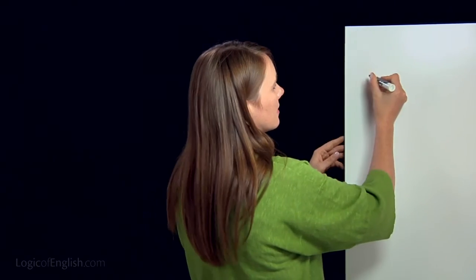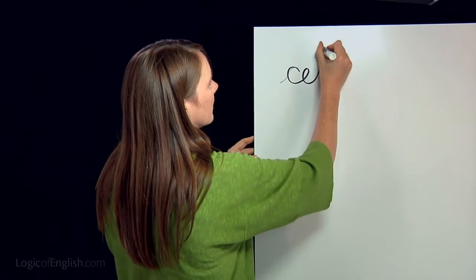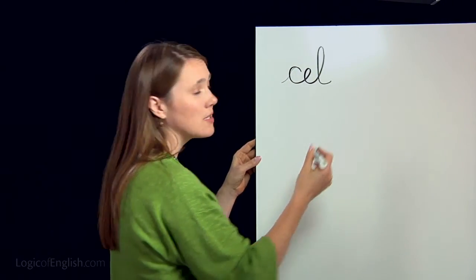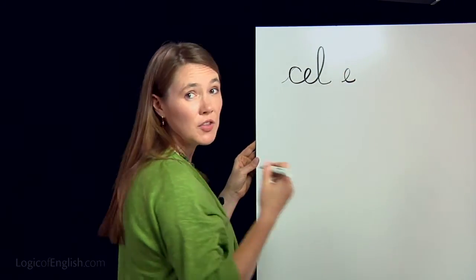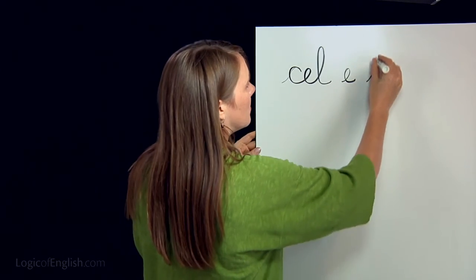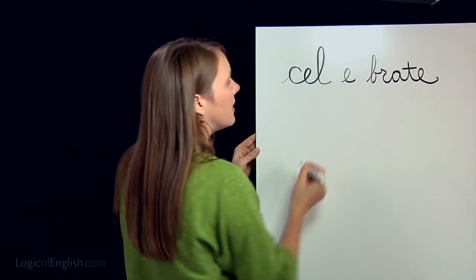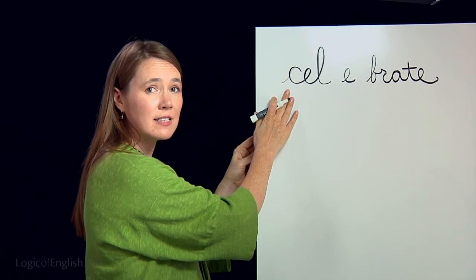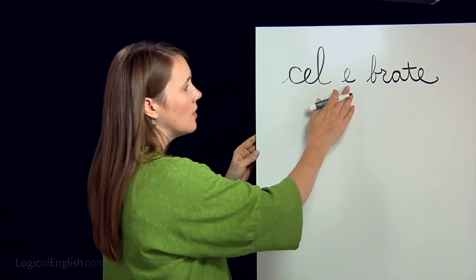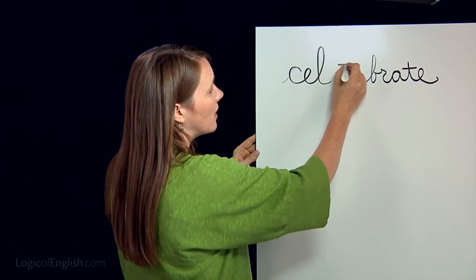And now let's write it on the board. The first syllable is cel. S-e-l. The second syllable is e. And the third syllable is brate. B-r-a-t. Silent final E. Why did the C soften to s? It's before an E. How will we mark this? We'll put a line over it.